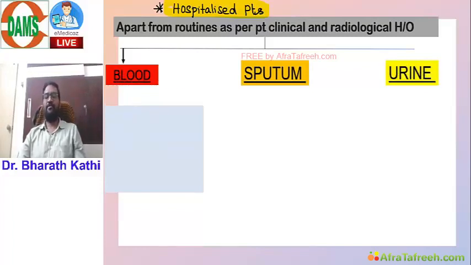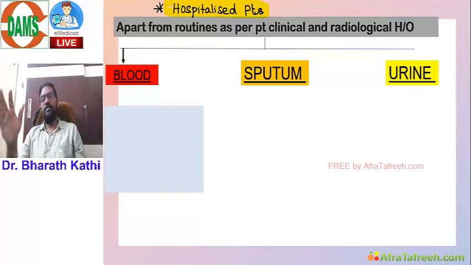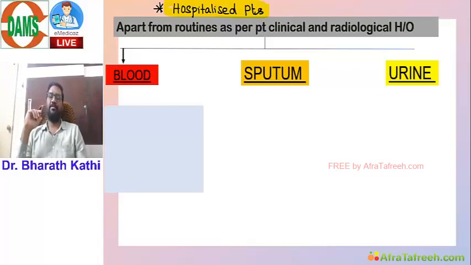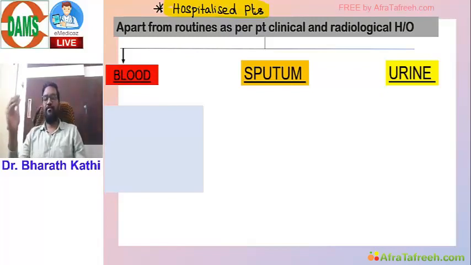So in hospitalized patients, apart from routine blood investigations, as per patient clinical and radiological history, it is not that you say I'll send sputum for all organisms, even the rare organisms. Depending upon the patient's clinical and radiological history, you should suspect it to be that pneumonia, and accordingly you should send the investigations.